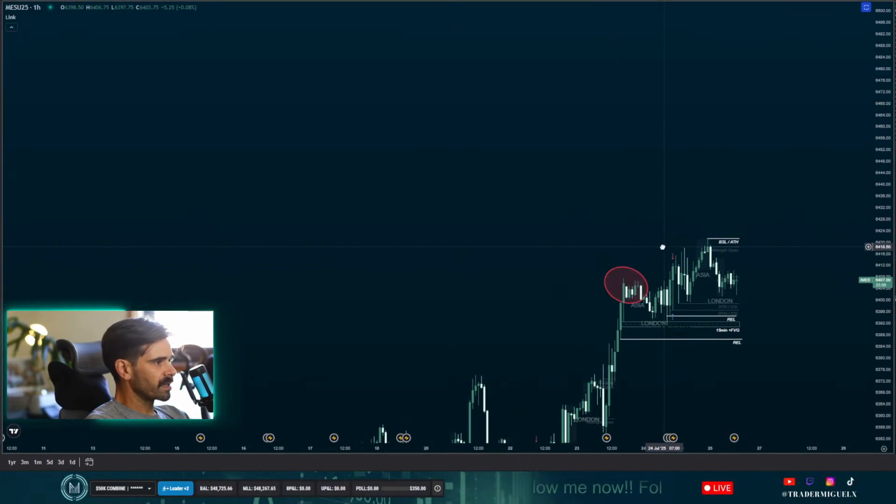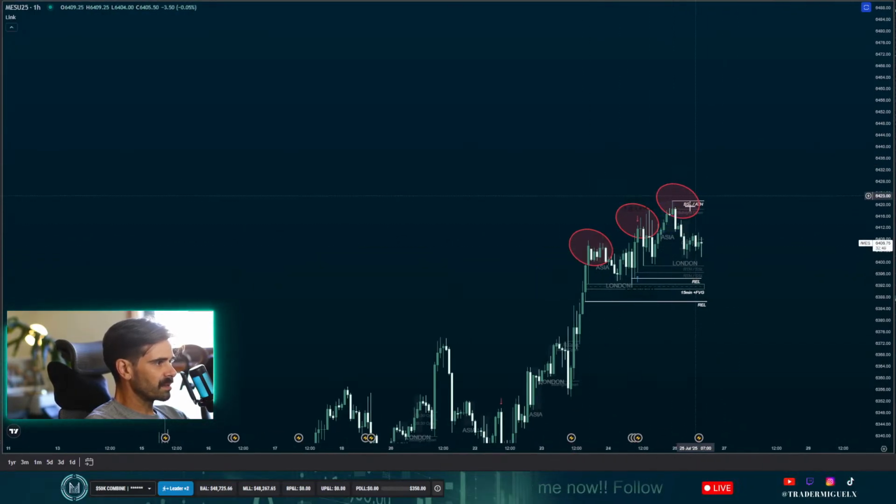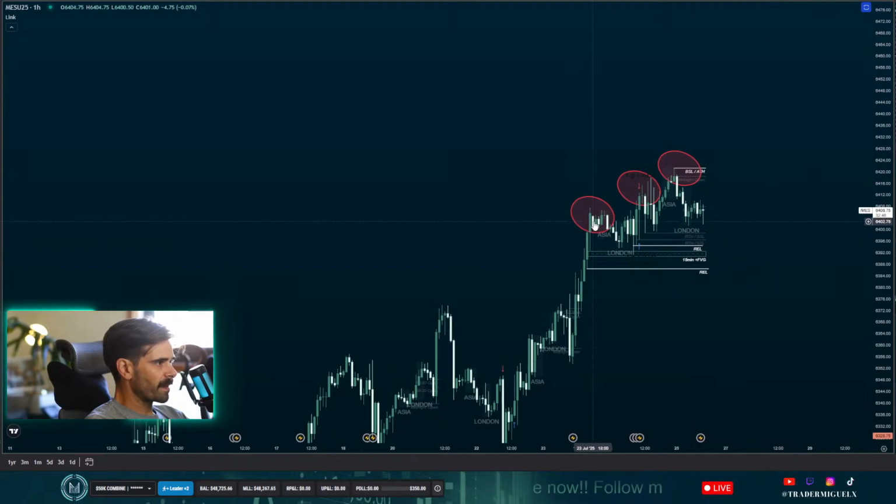Then we had another tap, but this is not ideal. Another tap here, and then we had another tap here. So usually we call this the three drive pattern, which then eventually reverses down.